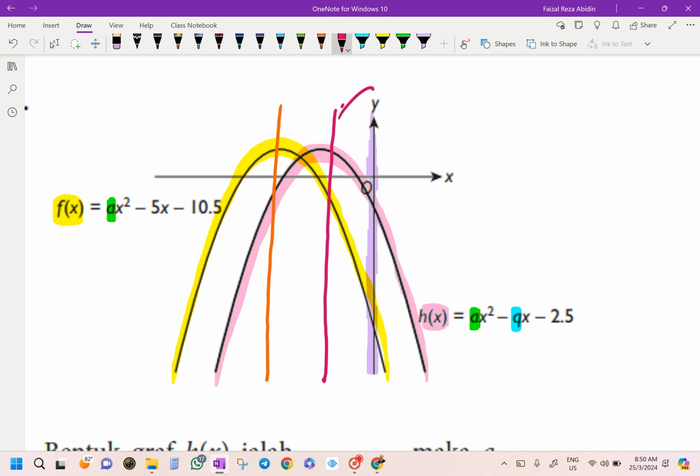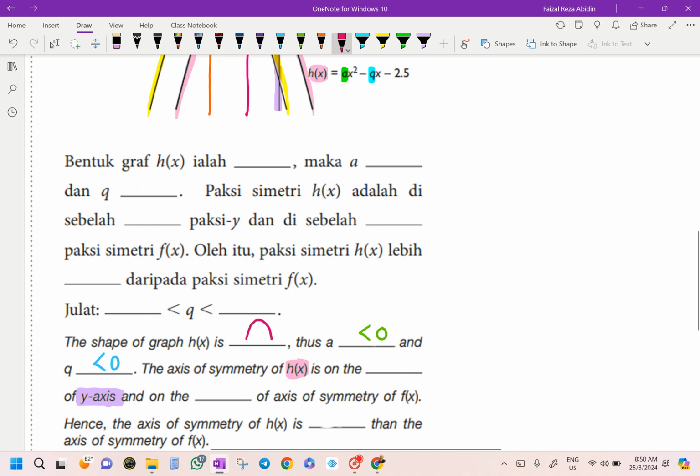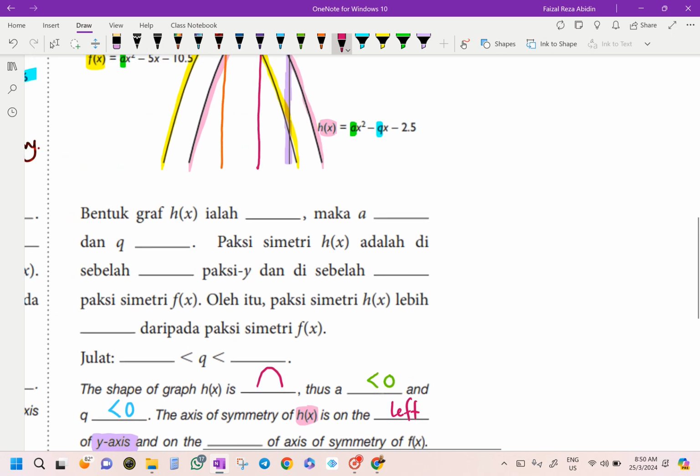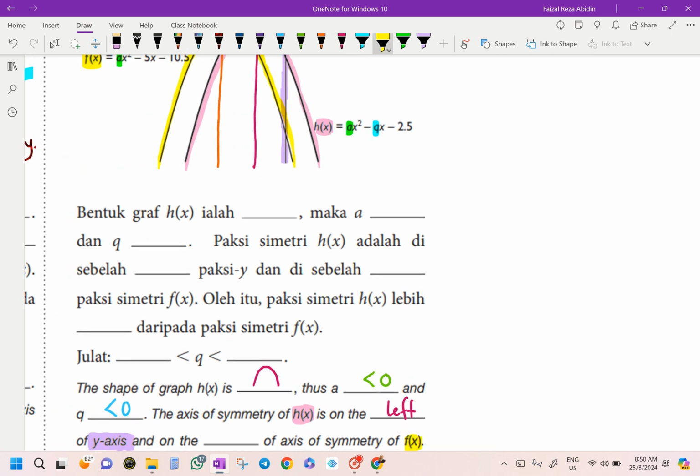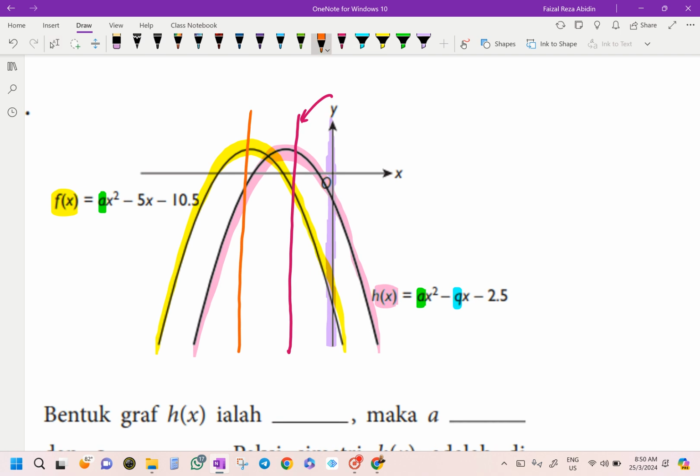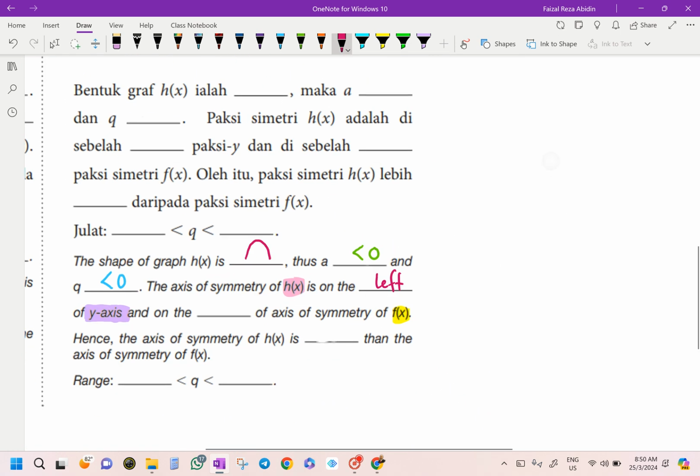So it's going to be on the left of our y-axis, and on the what of the axis of symmetry of our fx? Tengok pula. You compare hx with fx. This one is the axis of symmetry of fx. This one is the axis of symmetry of hx. So if you compare that one, it's going to be on the right pula. On the right. Mana dia? Sini.